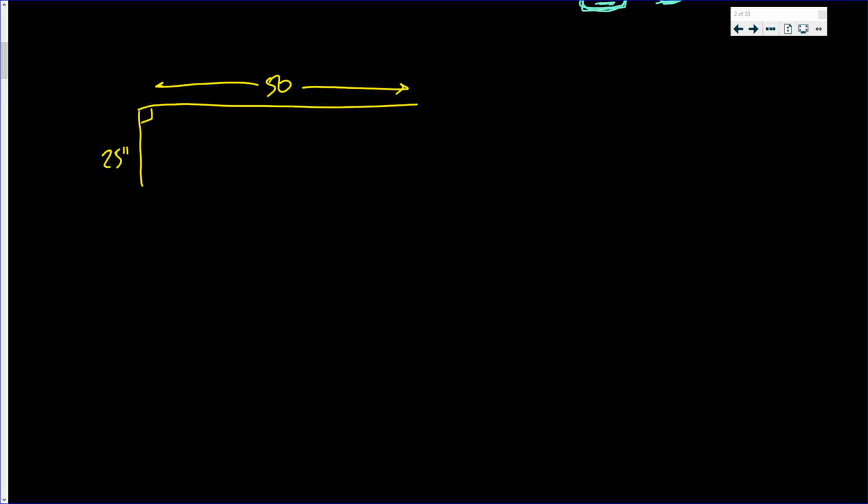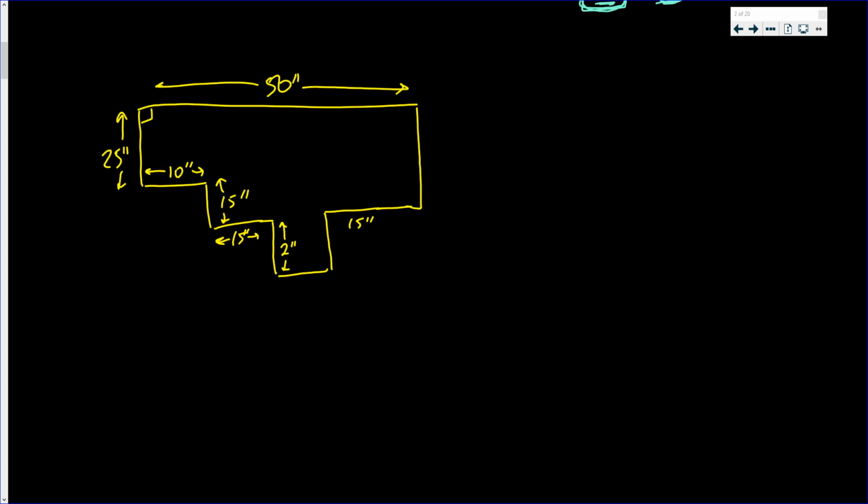This is 25 inches, 50 inches, 10 inches, it comes down 15 inches, it goes across 15 inches, it comes down 2 inches, it goes across, it goes up, it goes across 15 inches, and that's all you're given.